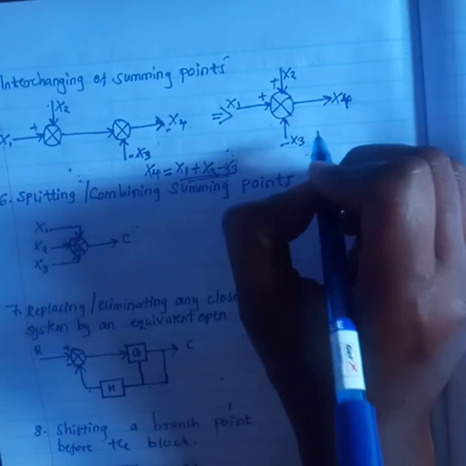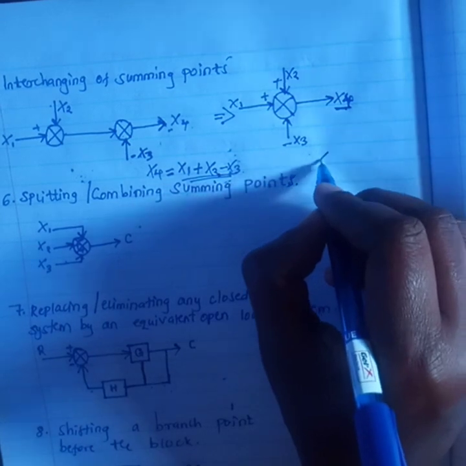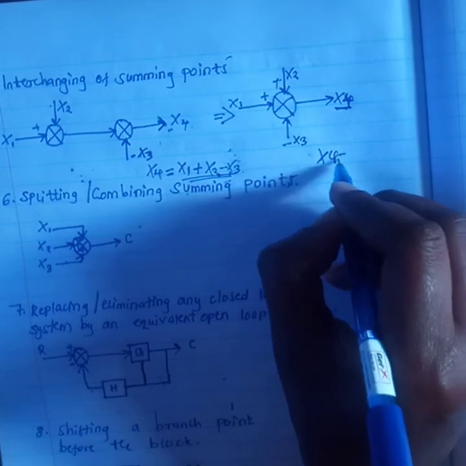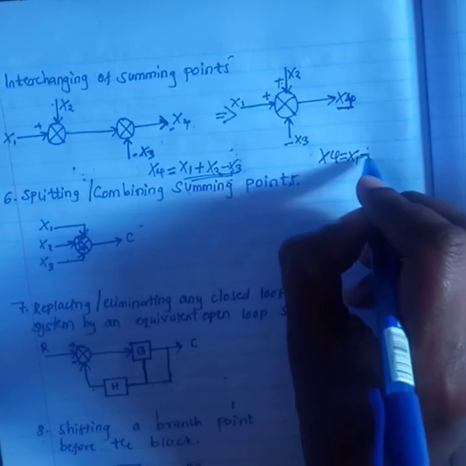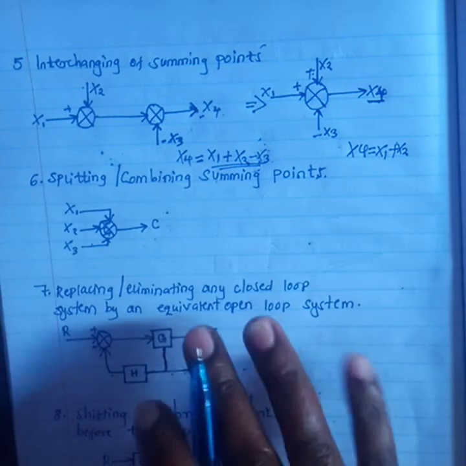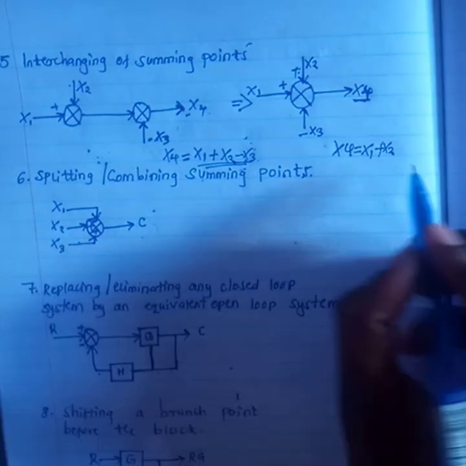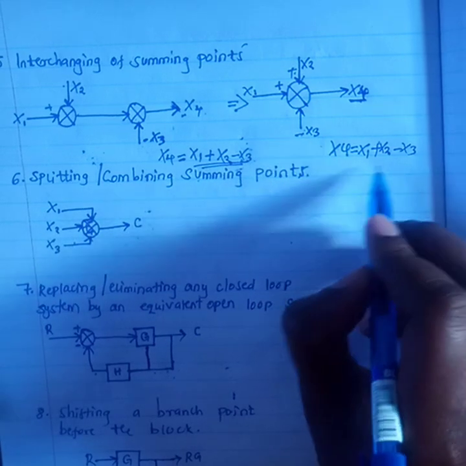In the same case, for us to get this output x4, we will have x1, which is positive, plus x2, which is also positive. Then we will have minus x3, because you can see that x3 is minus, so we subtract.